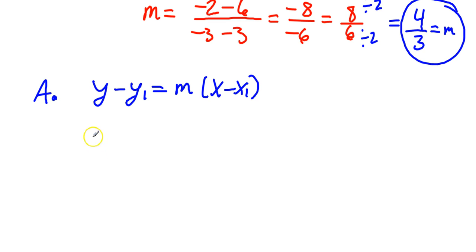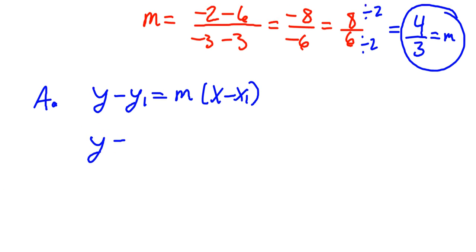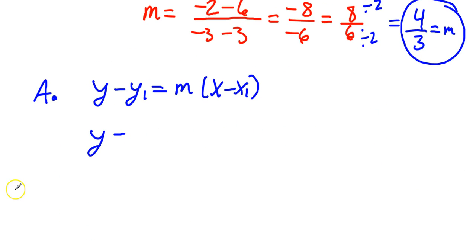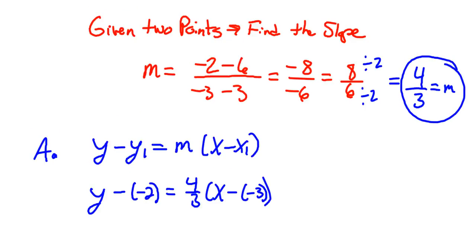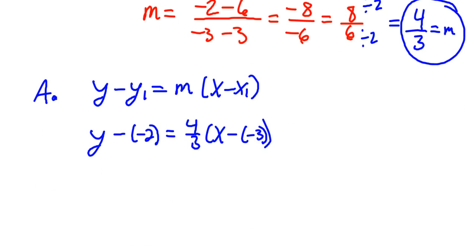So we have y minus negative 2 equals 4/3 times x minus negative 3. What's negative 3? Yeah. Okay. And again, there's only one thing you can do for part A: where you have a minus and negative, go back and make those pluses.